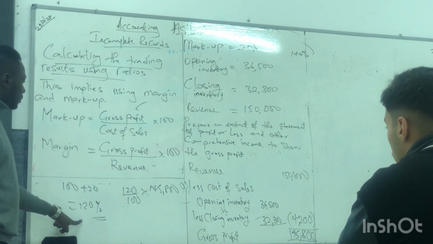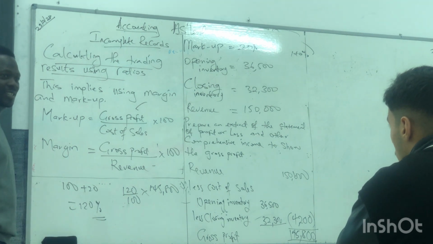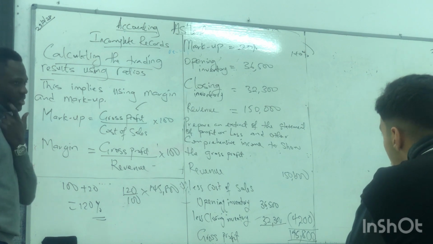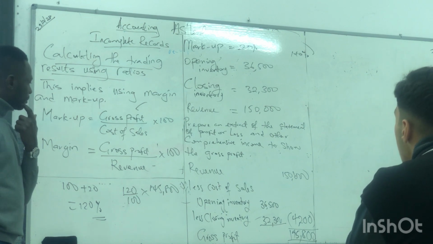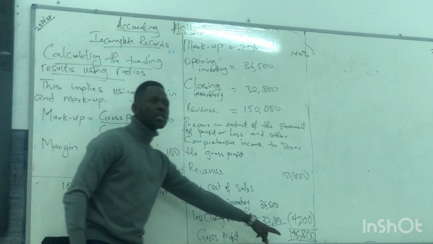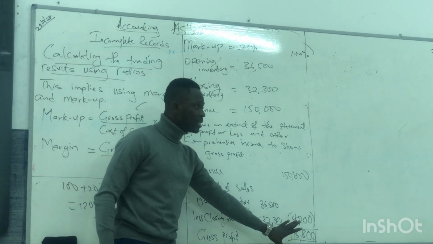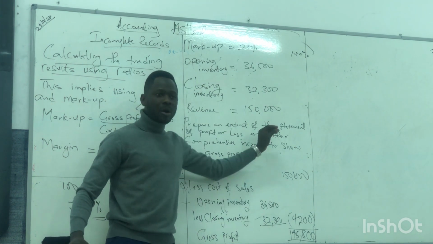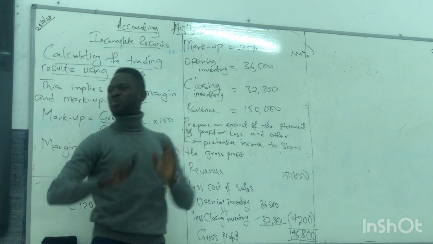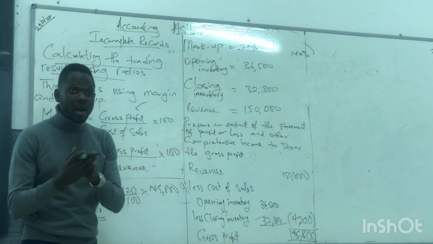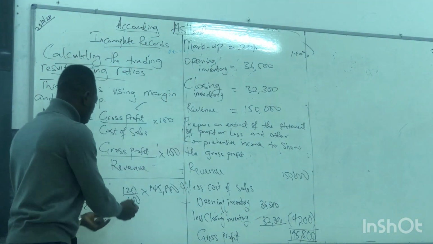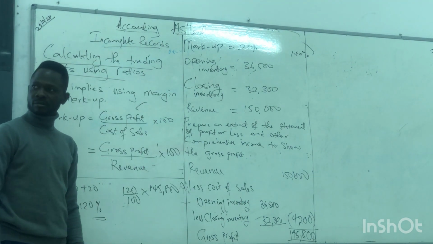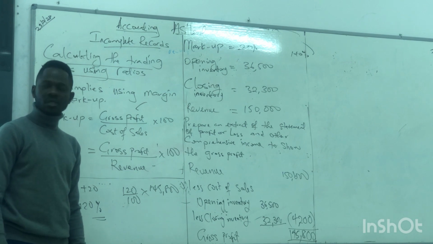This is our gross profit, right? So we have a markup of 20% on the gross profit, and that is going to give us our new gross profit. Do we get it now?